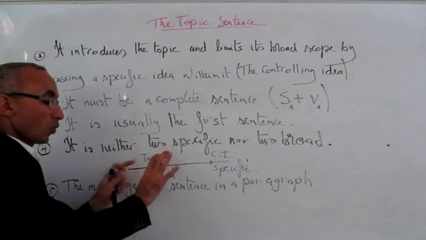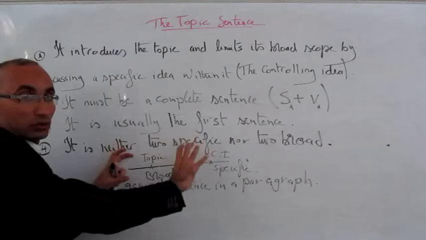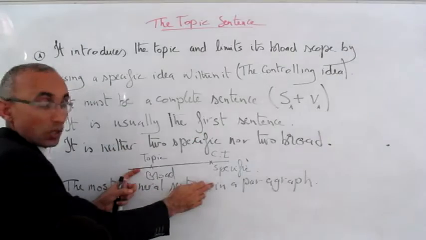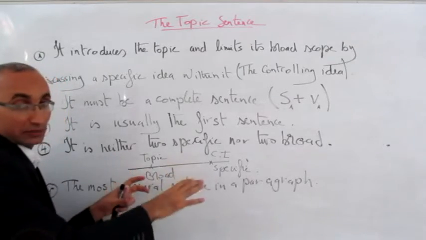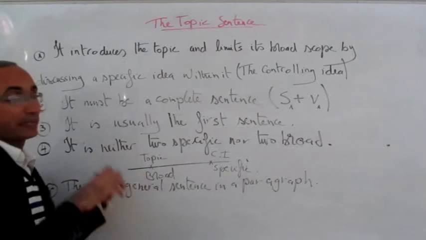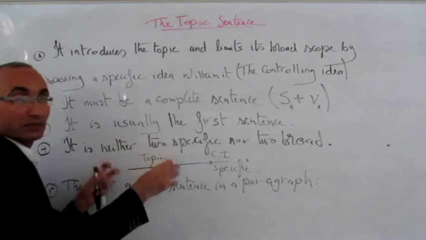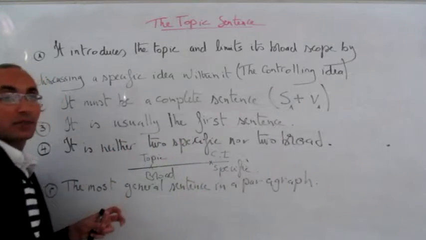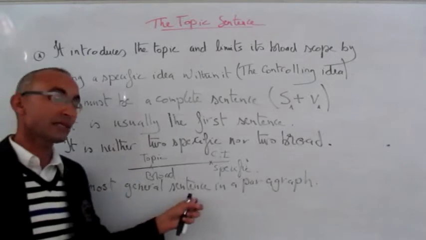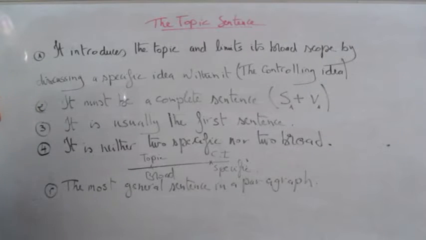That's why we must keep it generally general, comparing to the supporting sentences, which contain a lot of details, explanation, examples. This sentence is general comparing to the second part. That's why it is defined as the most general sentence in a paragraph, of course, which is an academic paragraph. Clear?